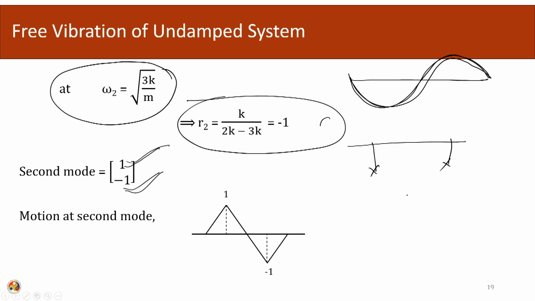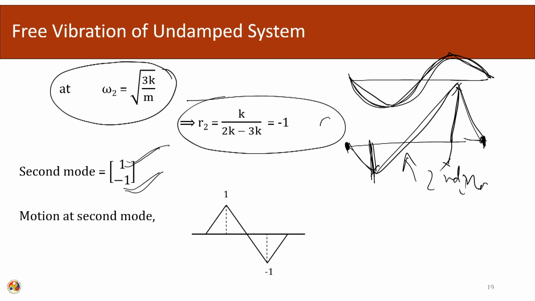So if this unit is moving 1 unit downward, the other one is going to move 1 unit upward. We can draw like this, and we have to obey the boundary conditions, so the displacements at the two boundaries are 0. This is mimicking our second mode shape, which again agrees with what we have seen earlier.